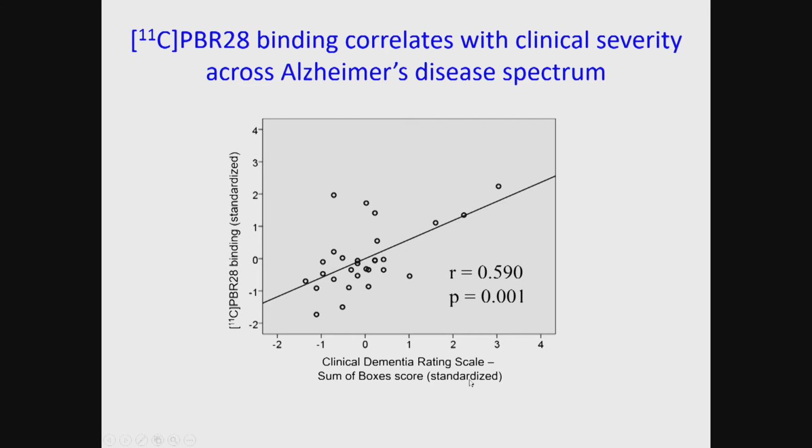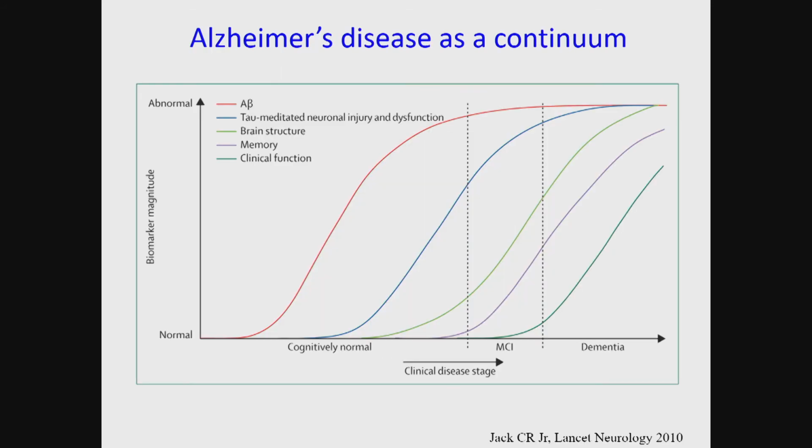On a standardized X and Y axis, there was a very strong correlation. So it means cross-sectionally between individuals, the more inflammation you have, the more cognitive impairment you have. So it appeared to be a biomarker of disease severity.